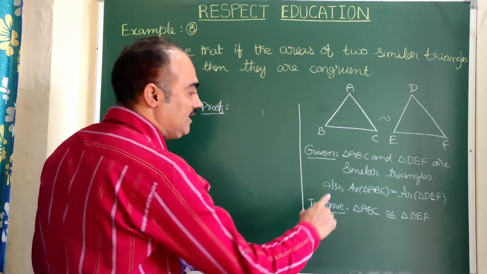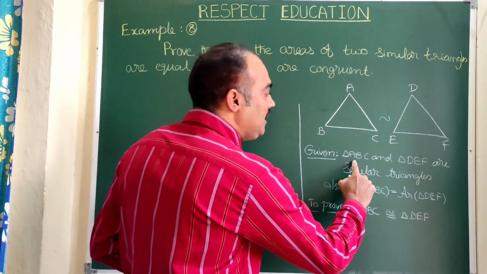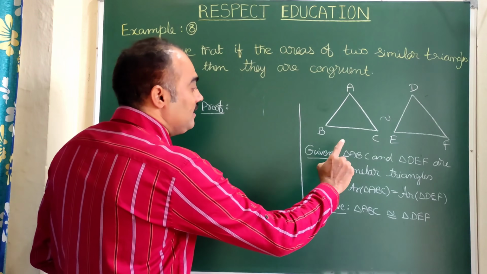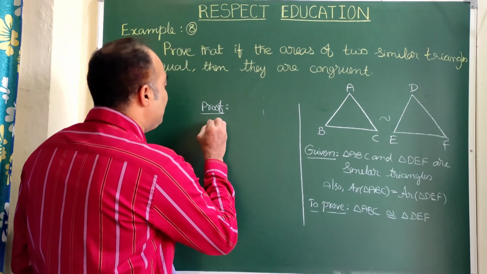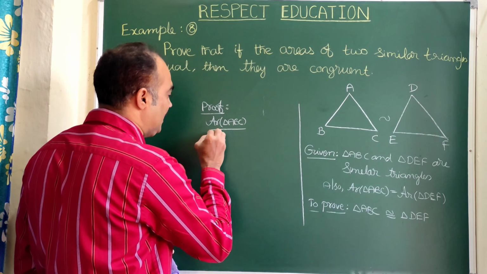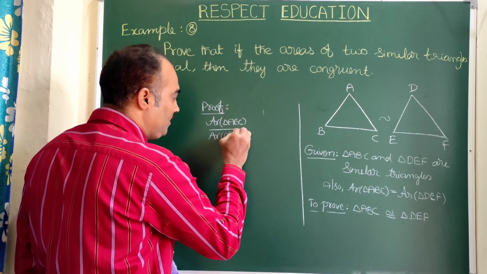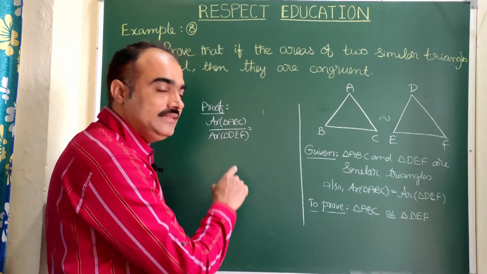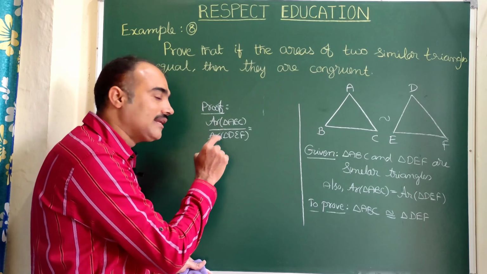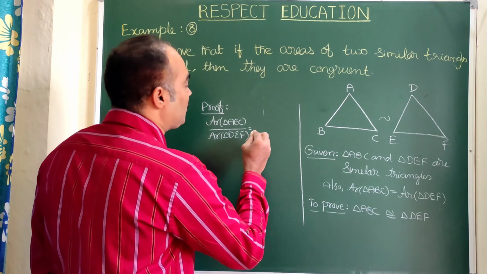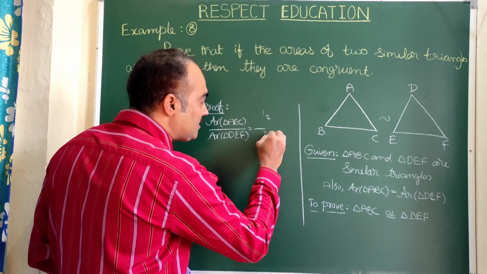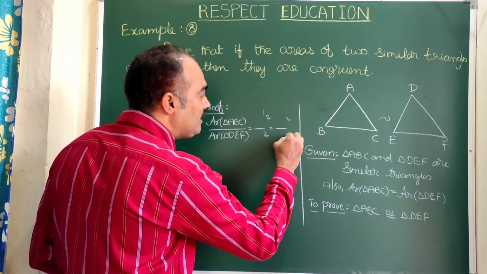Let us go back to the given condition. ABC and DEF are two similar triangles. As we know, the ratio of areas of two similar triangles is equal to the ratio of squares of their corresponding sides.